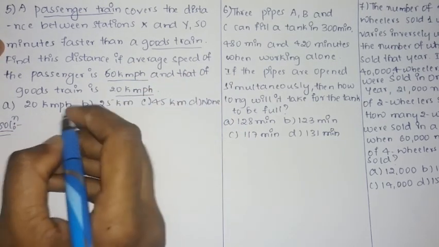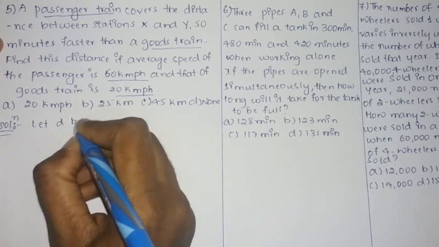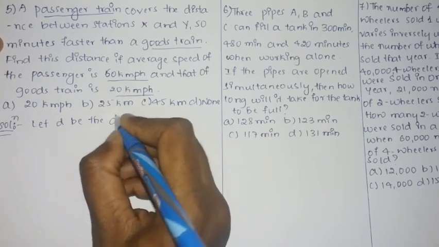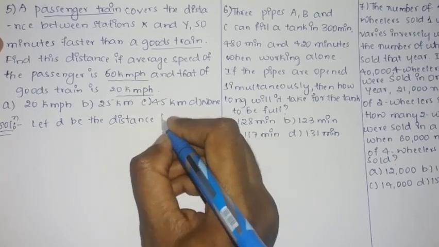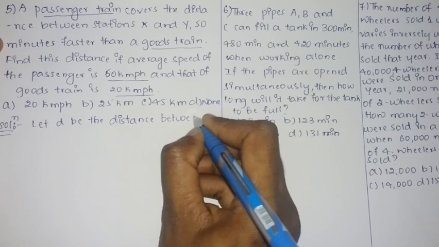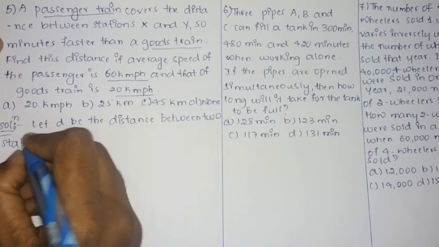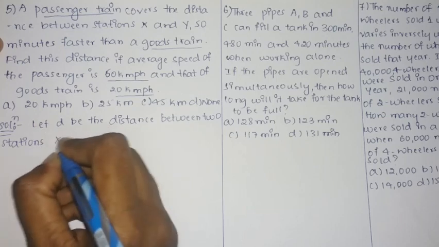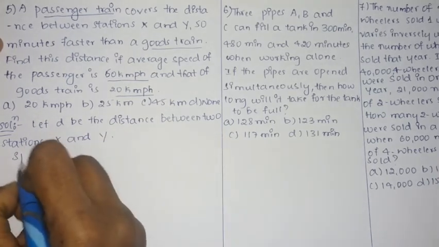First we shall write the given. Let d be the distance between the two stations x and y. Here, what is the speed of the passenger train?